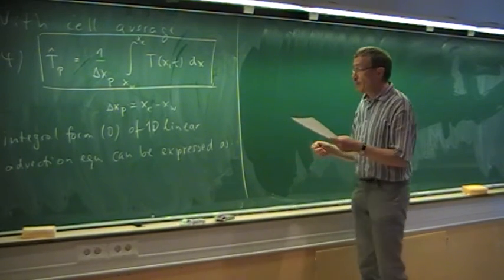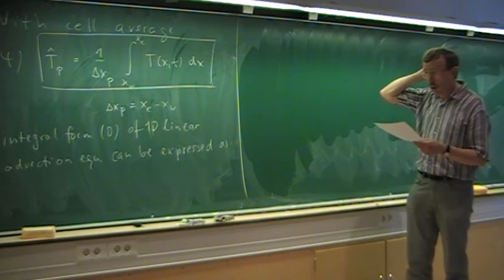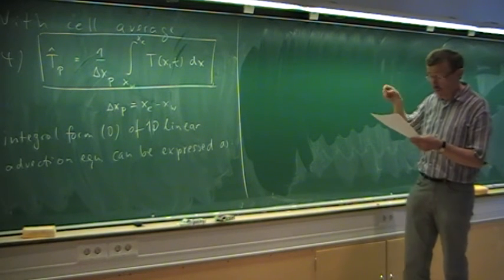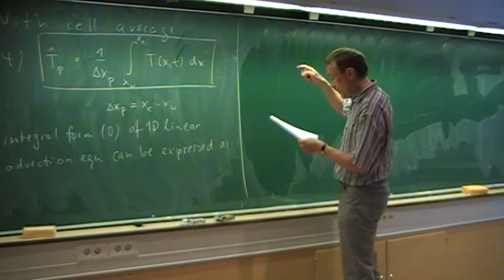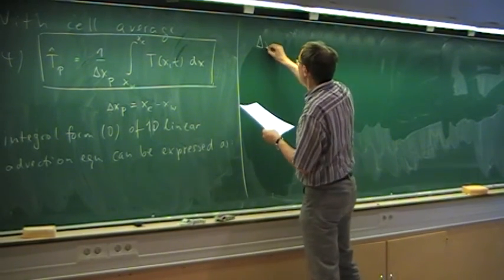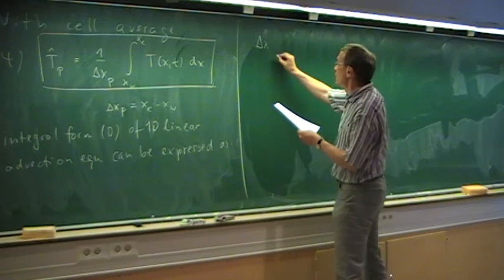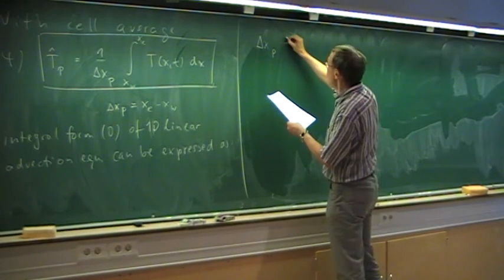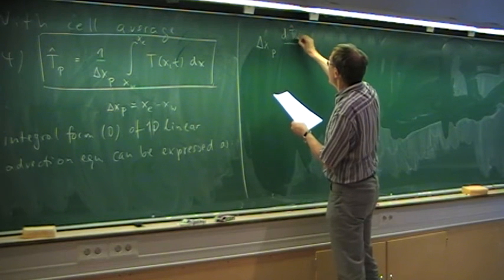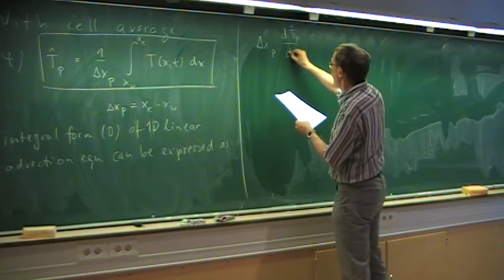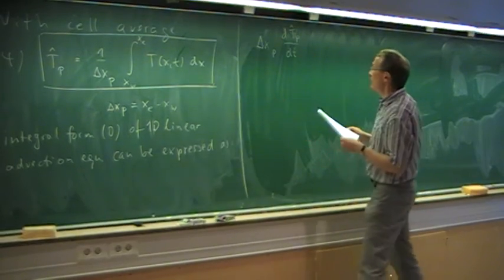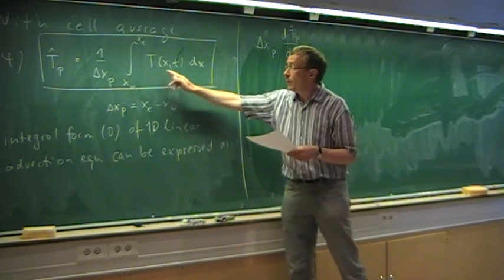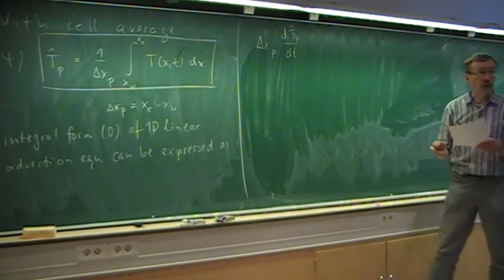So we have the integral of the time derivative from x_w to x_e, and then introducing the cell average, we get the length of the control volume, delta x_P, times the time derivative of the cell average in the cell P. So we take then the average of that, but it's then the exact value of T that we have here, giving us the exact cell average.